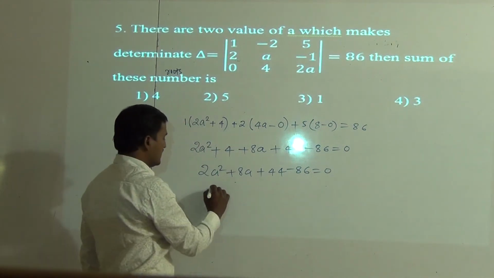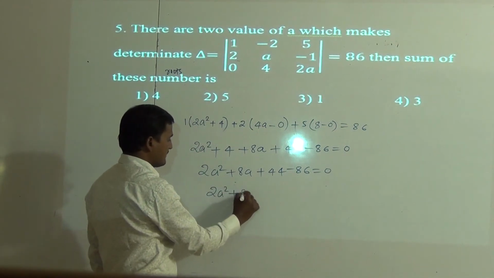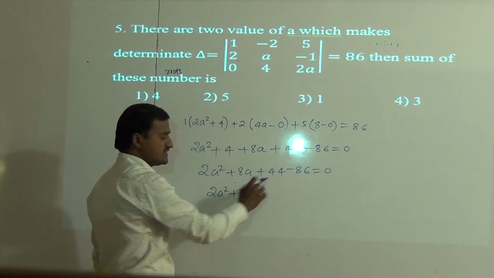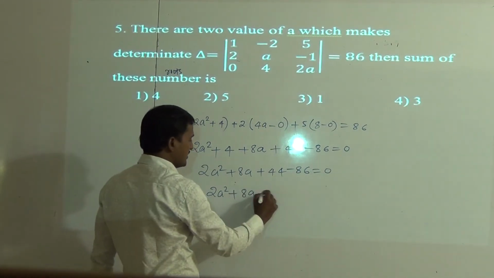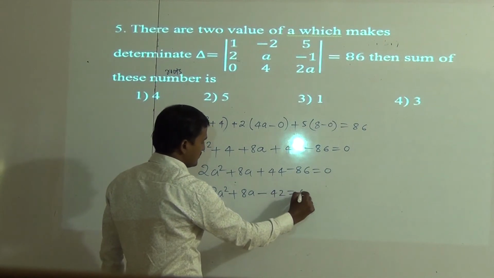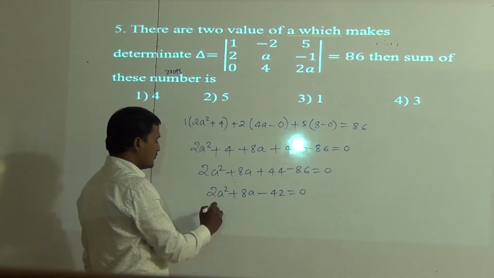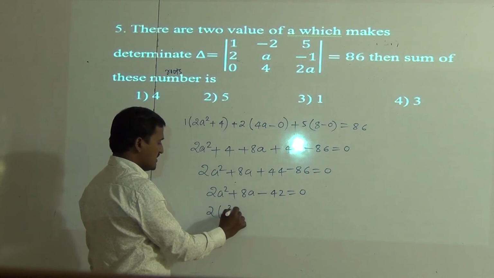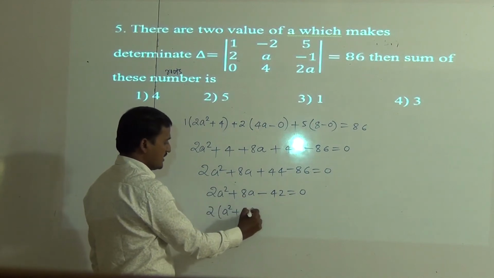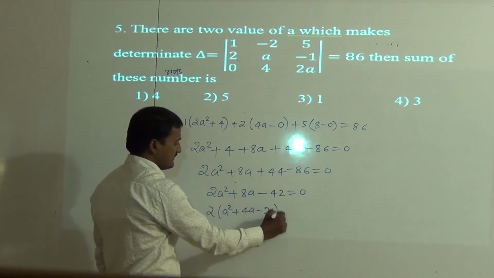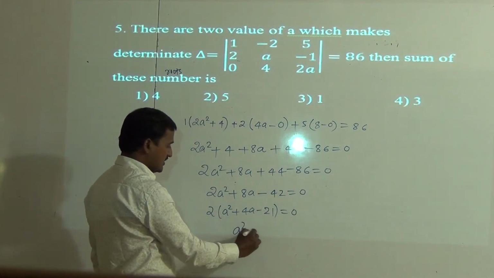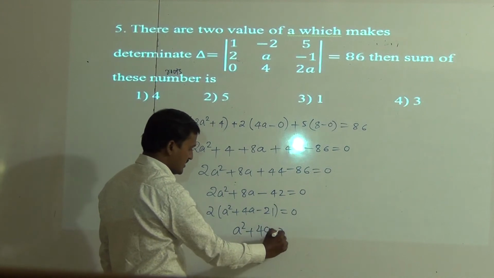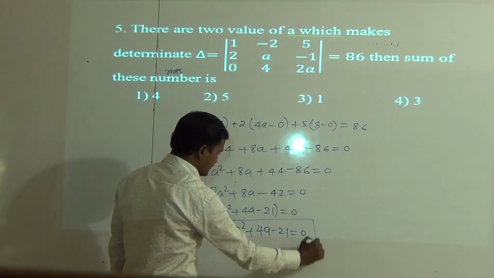So this becomes 2a square plus 8a minus 42 equal to 0. Take 2 outside: a square plus 4a minus 21 equal to 0. Take this 2 to this side, so you are getting a square plus 4a minus 21 equal to 0.